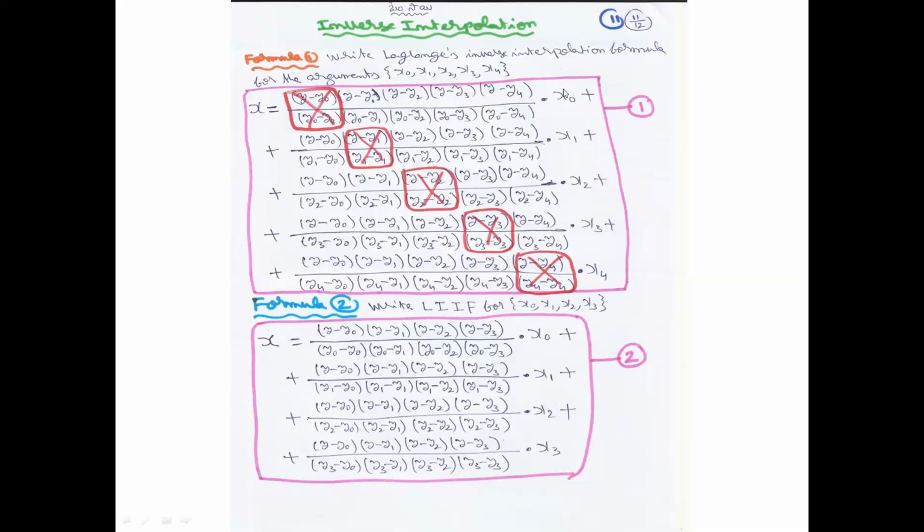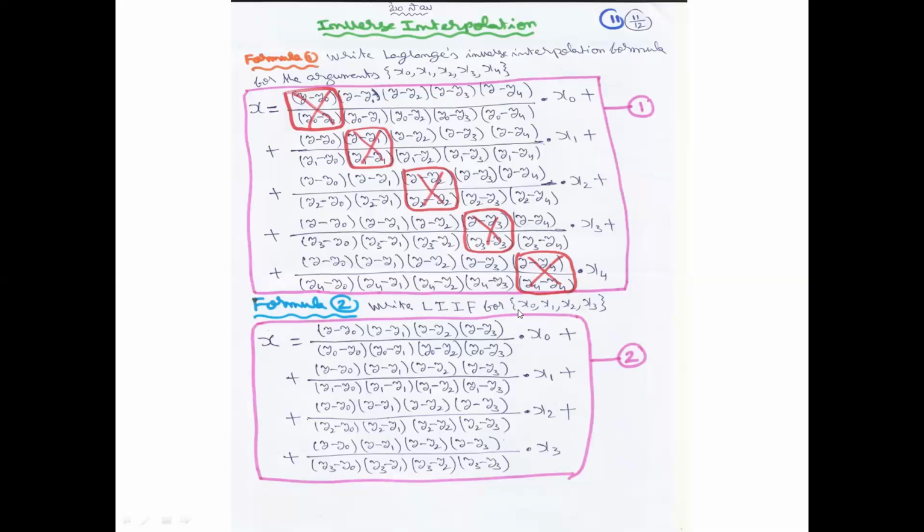That means replace all the x terms by y terms, f of x terms, that is y terms, by x terms. So this is the way of writing Lagrange's inverse interpolation formula with respect to the arguments from x0 to x4. So this is the formula 1.